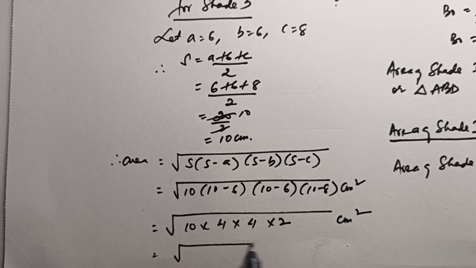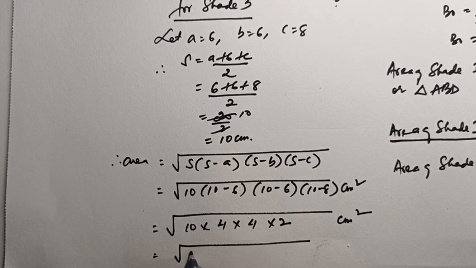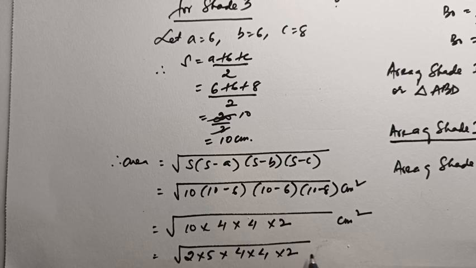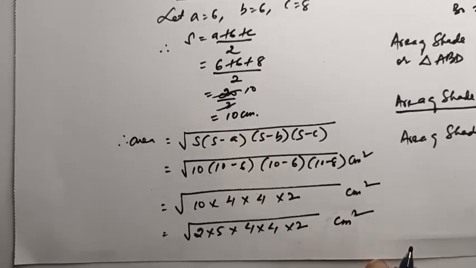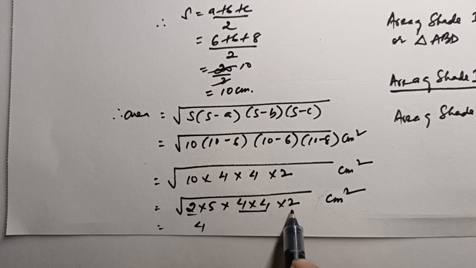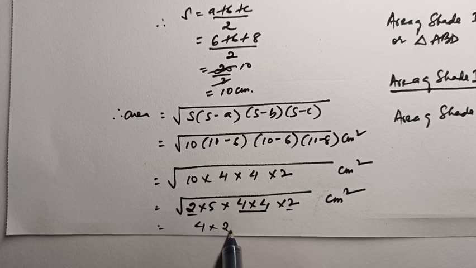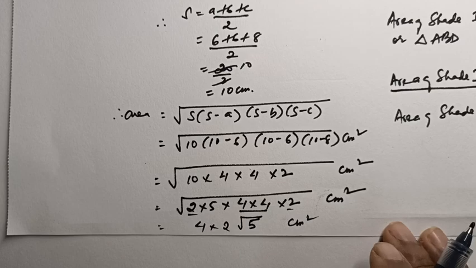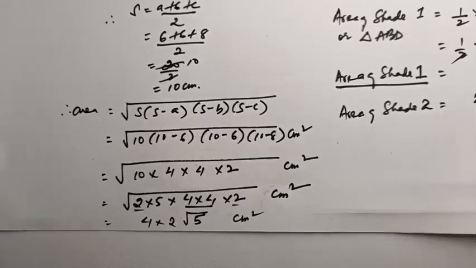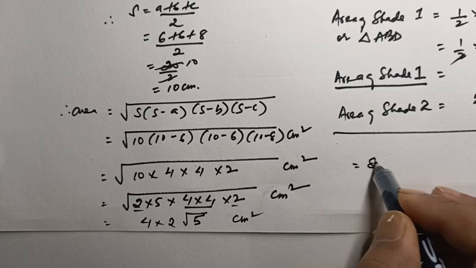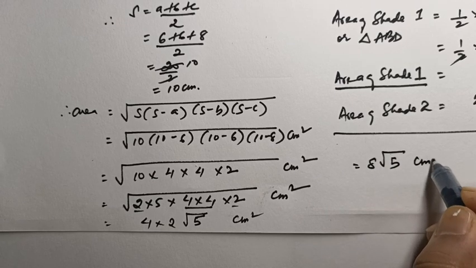So I can write here, 2 5s are 10, and 4, I'll not break because there are 2 and 2 centimeter square. For these two, 1 out, for these two, 1 out, and root 5 will remain inside. So that will be 4 2s are 8 root 5 centimeter square.